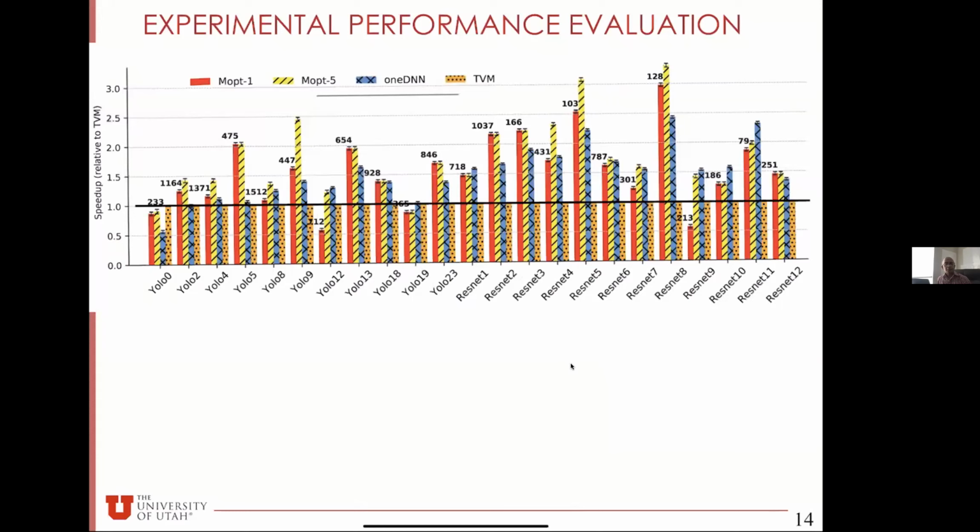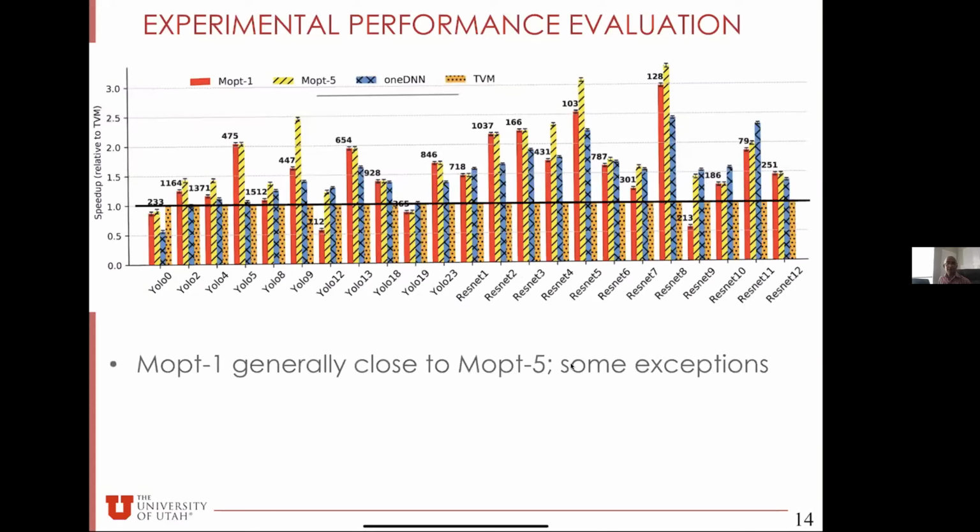The mopt1 is marked in red. mopt5 is in yellow. The baseline is TVM, so the line 1.0. All of these are speedups relative to that achieved by the best found by TVM, by auto TVM. Then the blue bars show oneDNN.